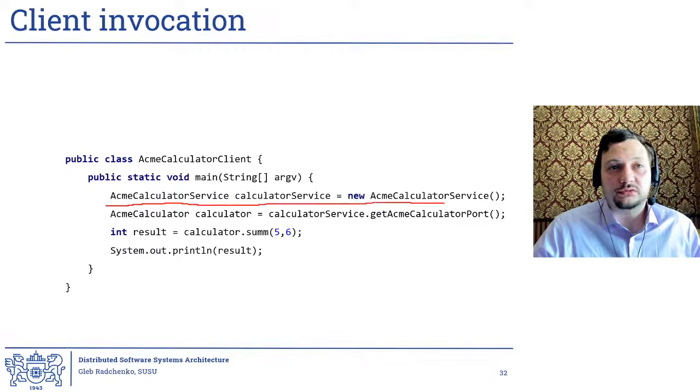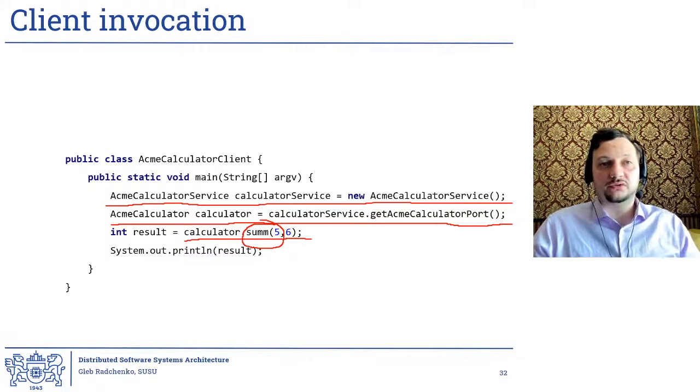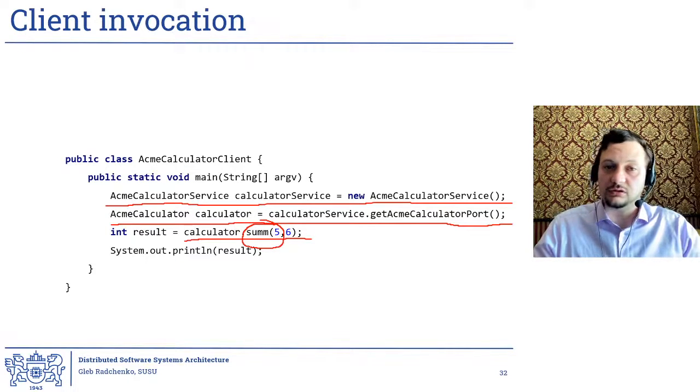We create a new service, we create a new instance of our calculator, and we call the method sum the same way as we call a local method on our local machine.